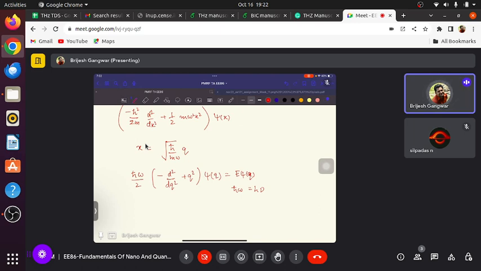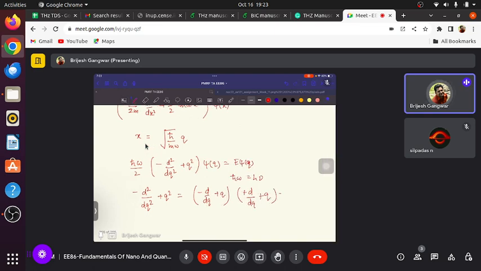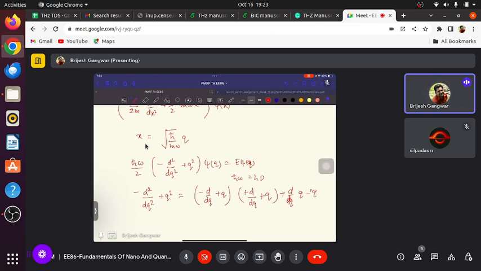The parenthesis in the Hamiltonian can be written as minus d squared by dq squared plus q squared, equal to minus d over dq plus q times minus d over dq minus q, plus a latter term, d over dq times q minus q times d over dq.